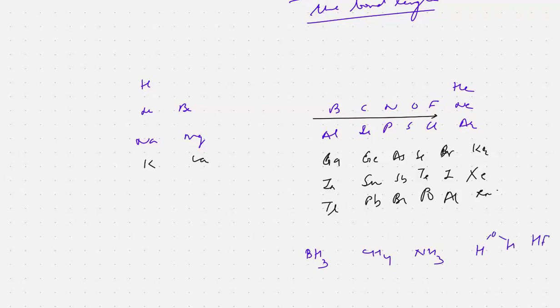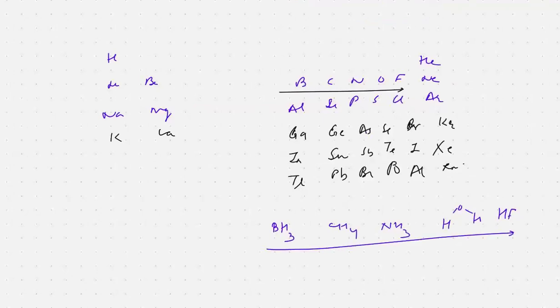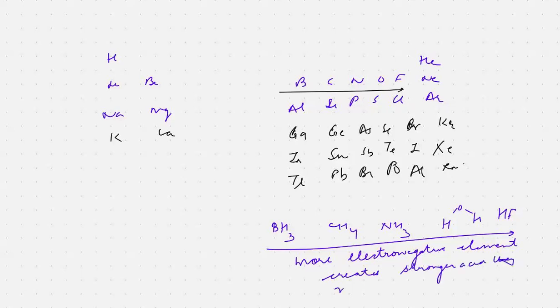Here H has to be released, but along the period, the more electronegative element creates stronger acids. When I say stronger acids, I mean they release more H plus.